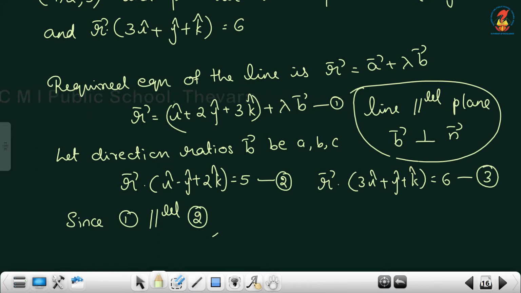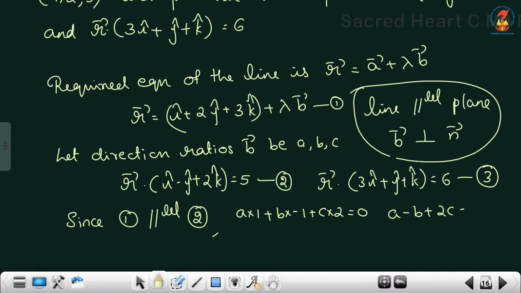So we can take the dot product: a into 1 minus b into 1 plus c into 2 equal to 0, or a minus b plus 2c is equal to 0. Equation 4.